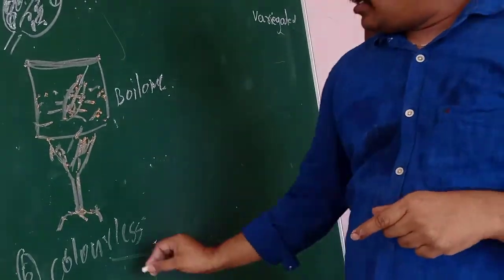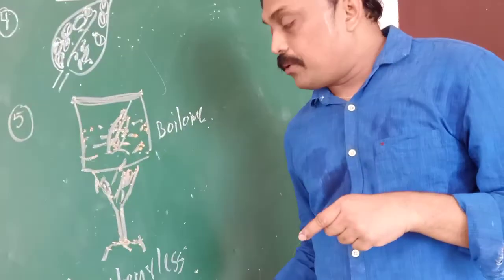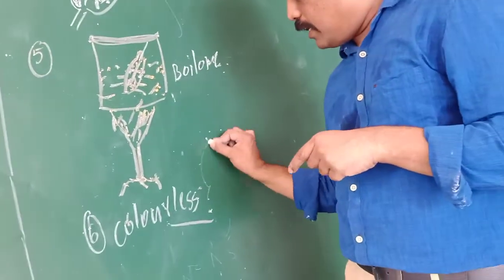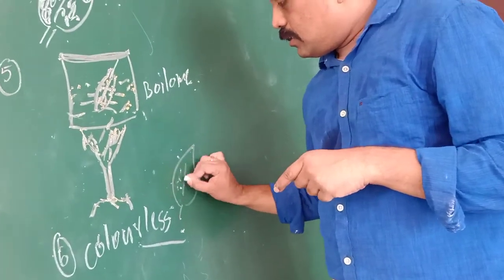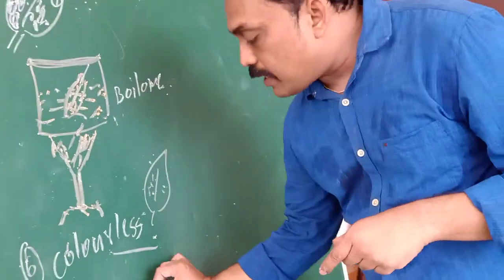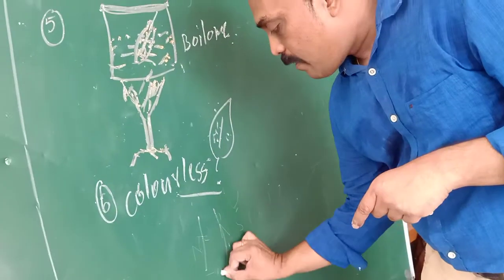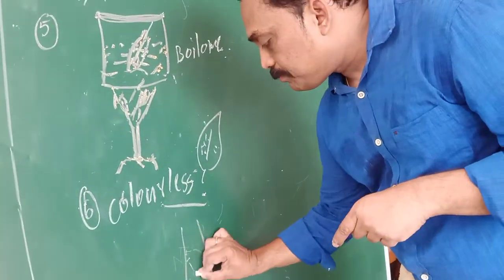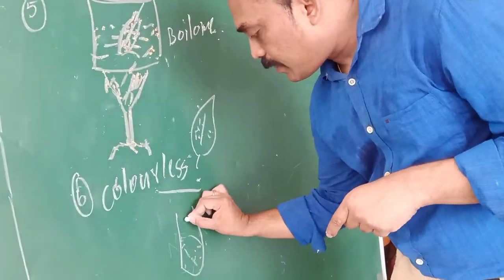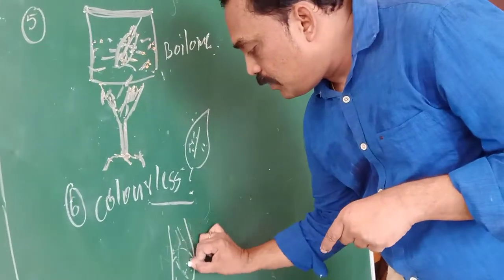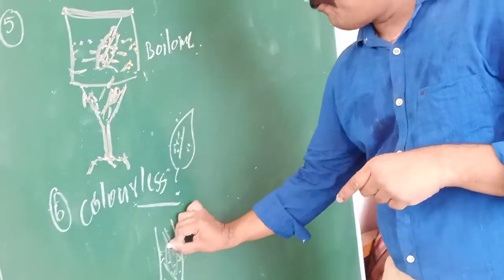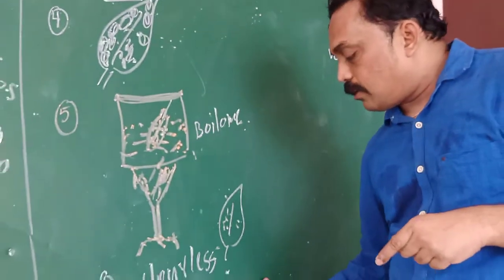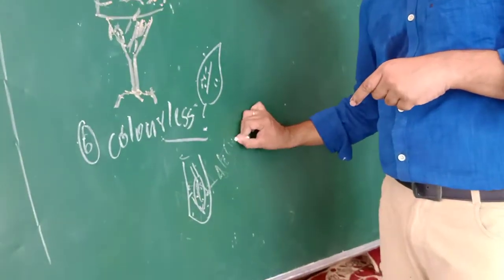Now after it is colorless, what do we have to do? The same leaf, you have to immerse in alcohol. Take some alcohol and immerse the leaf.